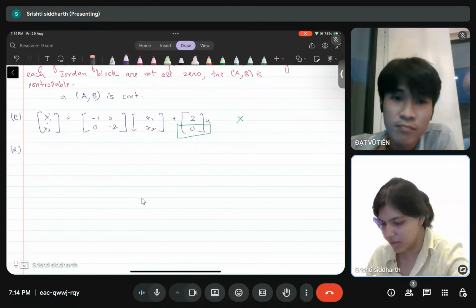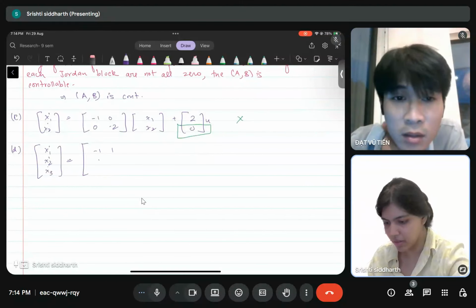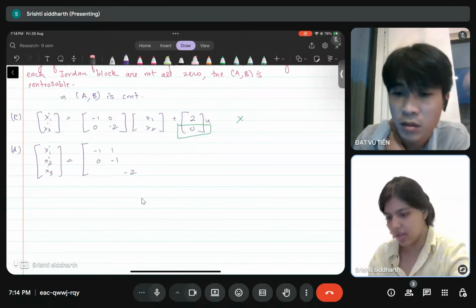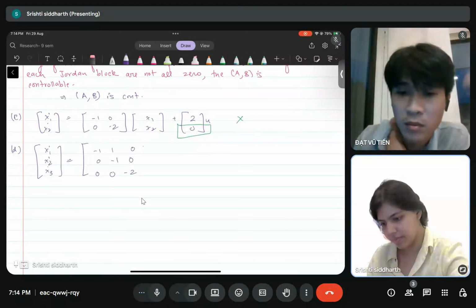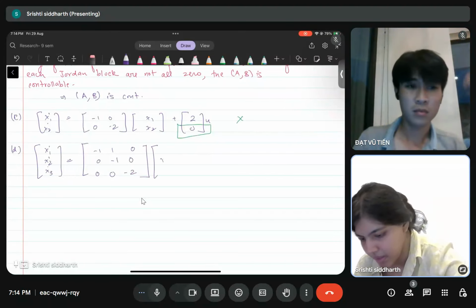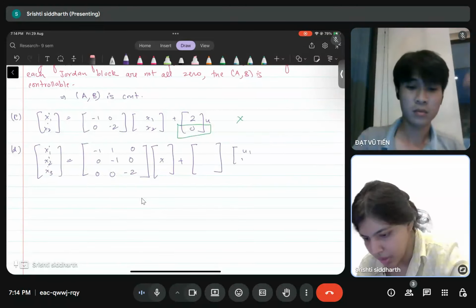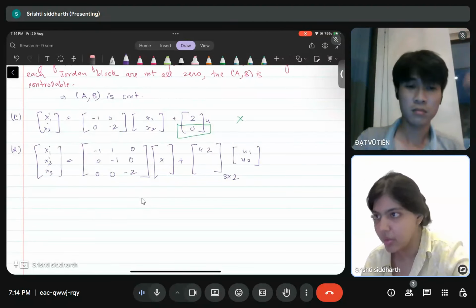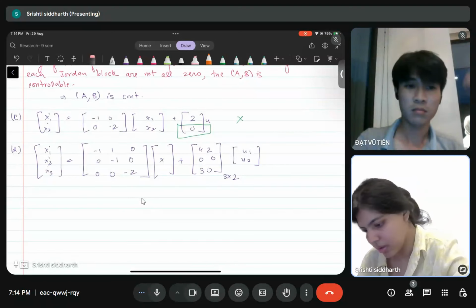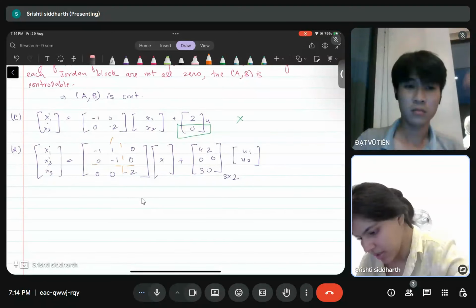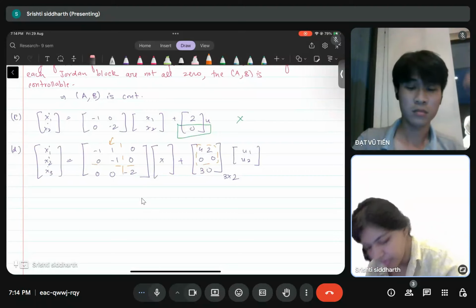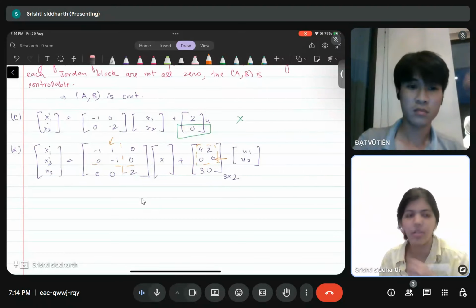Then the last one is x1 dot, x2 dot, x3 dot. We have repeated eigenvalues at minus 1. This is the vector x. There are two inputs, u1, u2, so B would be 3 by 2: 4 2, 0 3, 0 0. For this block, the last row is 0.